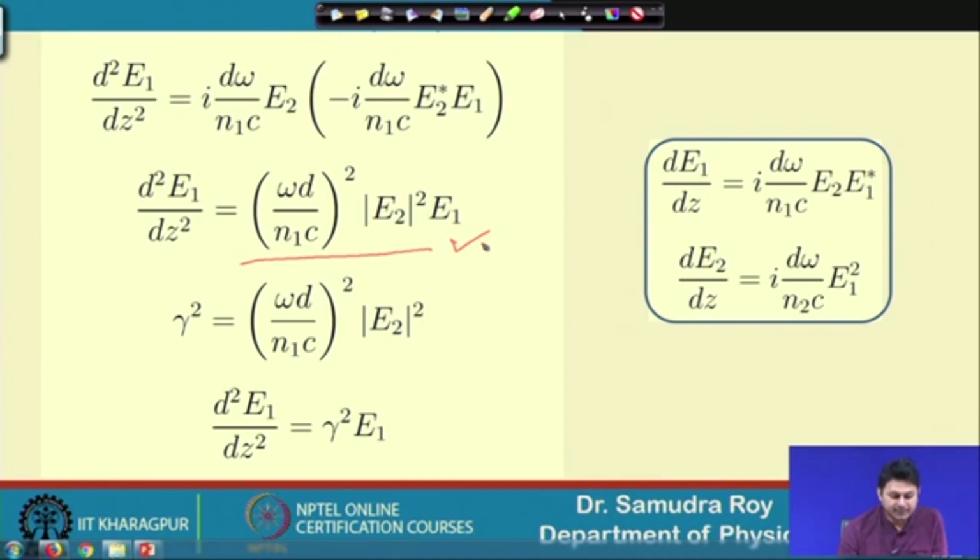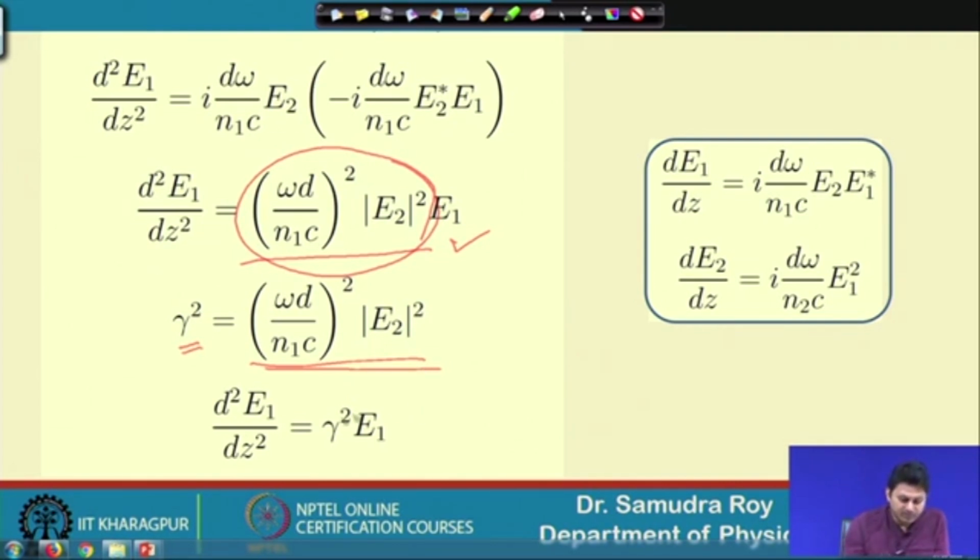The next thing one can do is make this entire thing a constant, because omega, d, n 1, c are constant, and E 2 is the field associated with the second harmonic, or the frequency 2 omega, and from the beginning we considered this to be very strong. So, we can consider this as a constant also. That is why we write a constant gamma here. So, gamma squared is omega d over n 1 c, whole square, times mod of E 2 squared.